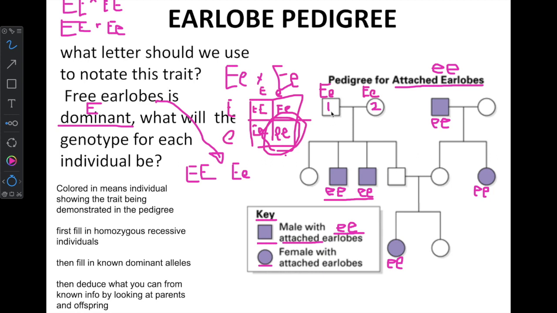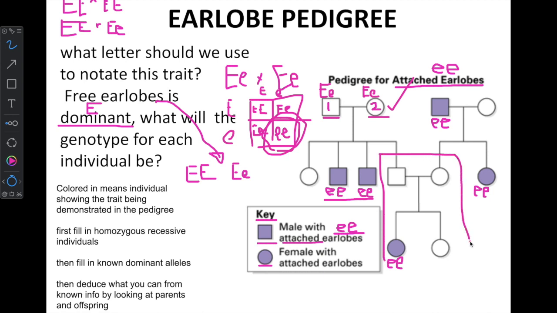What we've done there is use the pedigree to figure out other genotypes in the family tree, and that's why pedigrees are useful. Again, we're using the Punnett square as a tool as well. So I think I'm going to circle this.